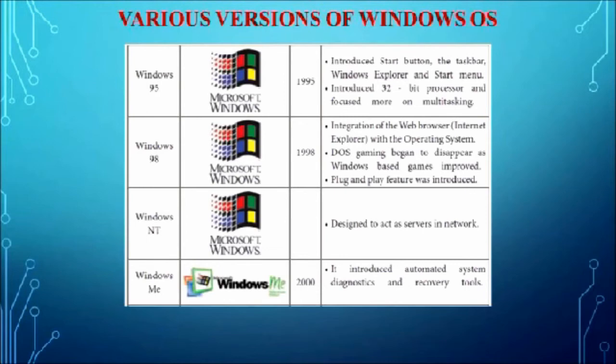The next version of Windows operating system is Windows 98. It was introduced in the year 1998. The specific feature of this Windows 98 operating system is integration of a web browser, that is, introducing a web browser which is integrated with the operating system.